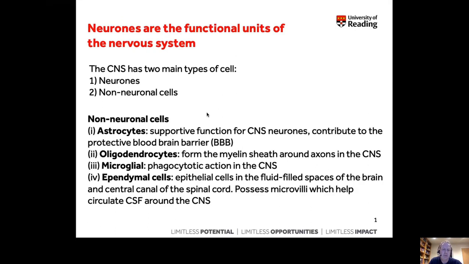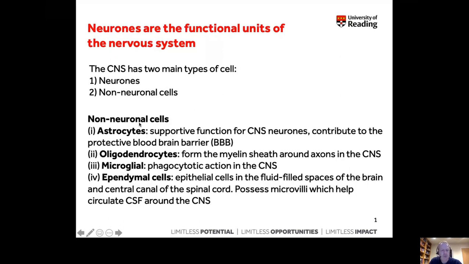So the idea is that these glial cells glue the central nervous system together and maybe act as support for neurons. There are four main types of non-neuronal cells: astrocytes, oligodendrocytes, microglia, and epidermal cells.